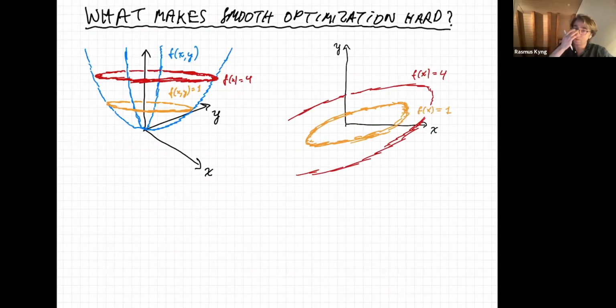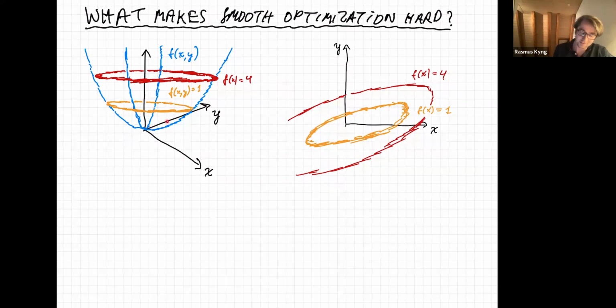Okay, now what makes smooth optimization hard? So the kind of archetypal difficult thing that happens in smooth optimization is that your directions have very different growth rates.